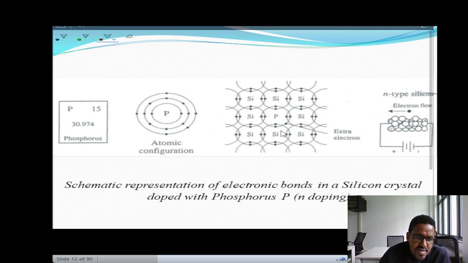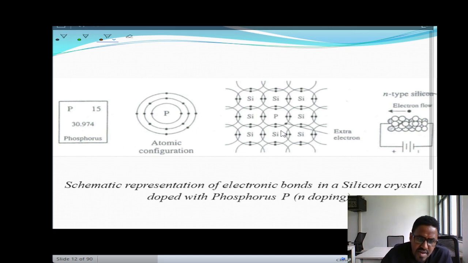When you see this schematic, adding impurities like a phosphorus atom to pure semiconductor silicon, we get one extra electron.